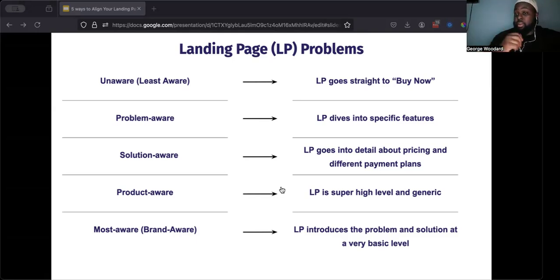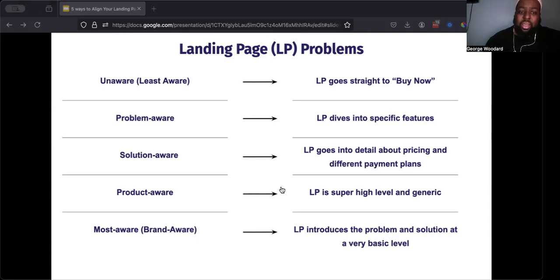Again, at this level, unaware, you want to educate more, but if your landing page has very little to no education, and it just has this big green buy now button, it's like, nah, I don't know what this is. I don't even know if this is actually for me. QVC got away with it with trying to sell the stuff, and I'm just joking. But yeah, if your landing page is going straight to buy now with minimal education, then that's going to fall flat on its face.